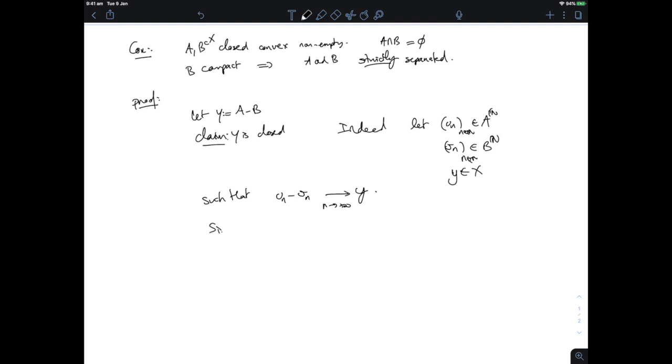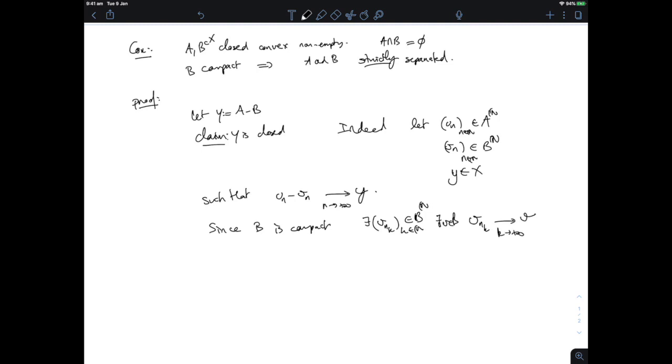Now B is compact, so I can extract a converging subsequence from v_n. So there exists v_{n_k}, a subsequence of v_n, in B, and B is compact, so there will also exist a v in B such that v_{n_k} tends to v as k goes to infinity.